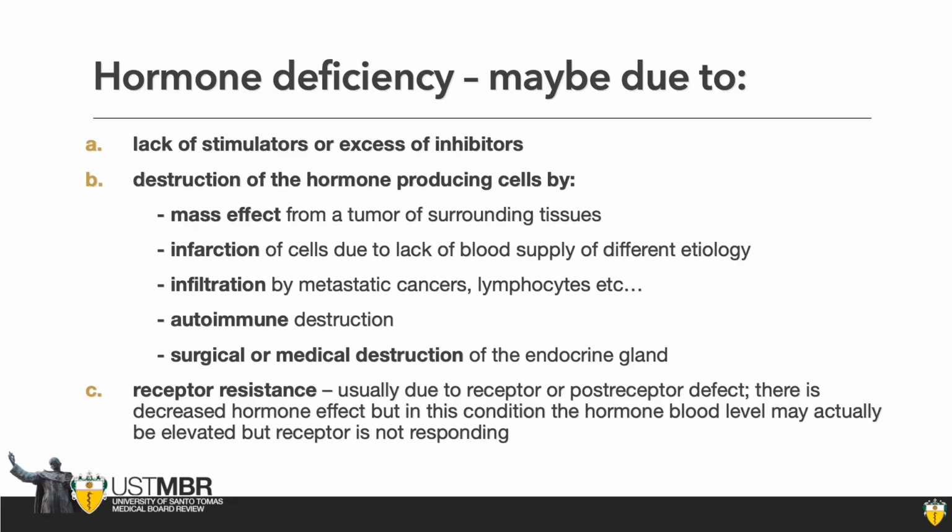Autoimmune destruction, an example is type 1 diabetes. And surgical removal in thyroidectomy. Receptor resistance, an example of this is type 2 diabetes, or testosterone resistance, whereby there's a condition called testicular feminization. So these are several ways by which the hormone or the effects of it might become low.